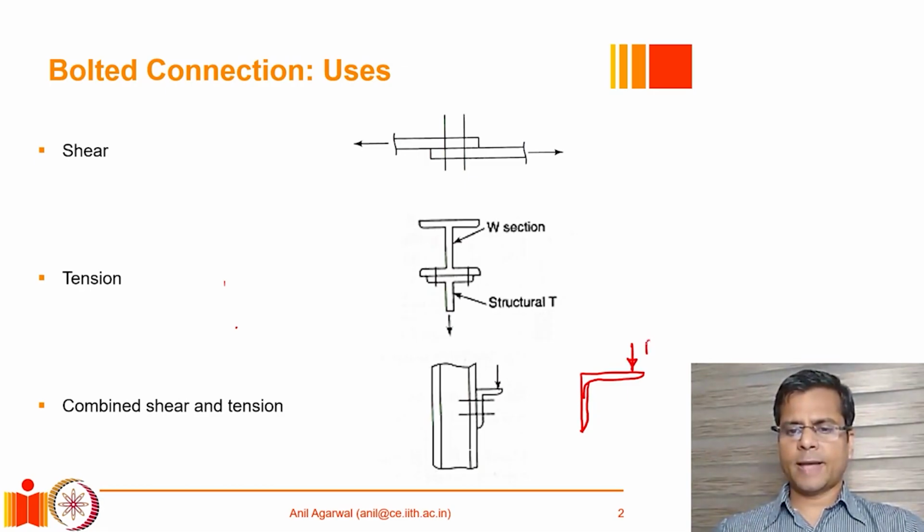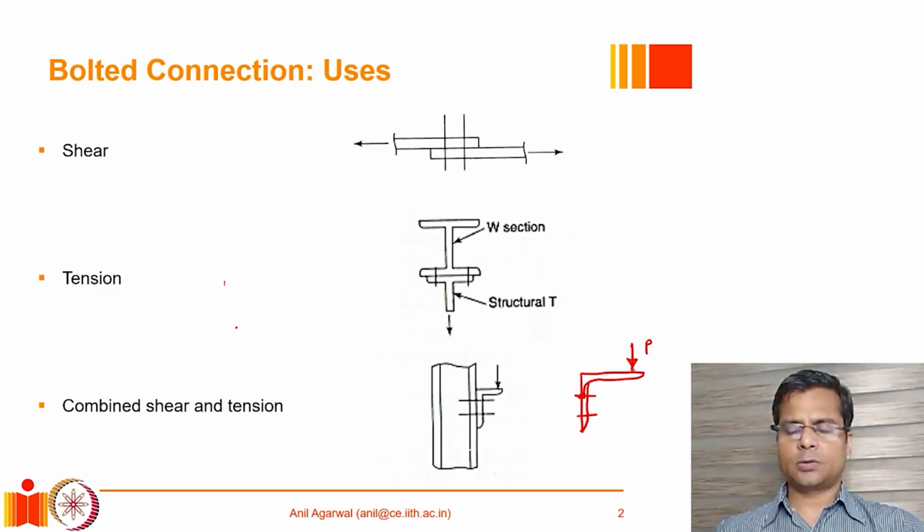Whatever force P is acting, for force equilibrium, we will see that there are two bolts provided. In all these diagrams, the line representing the bolt is the length of the bolt, and the diameter is not shown explicitly. So these two bolts are going to resist this force.